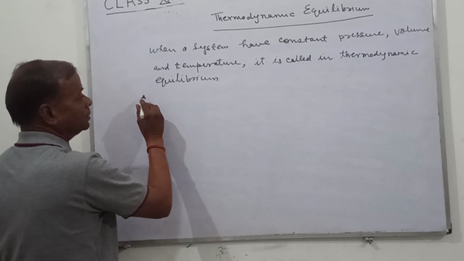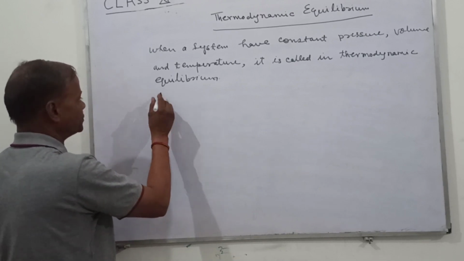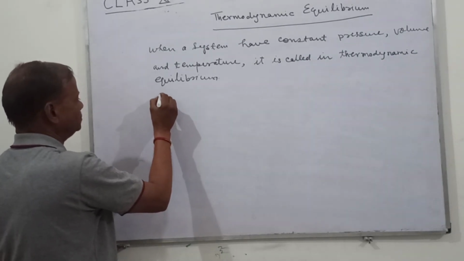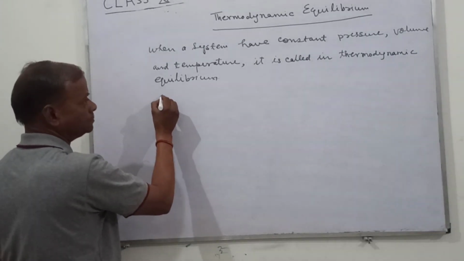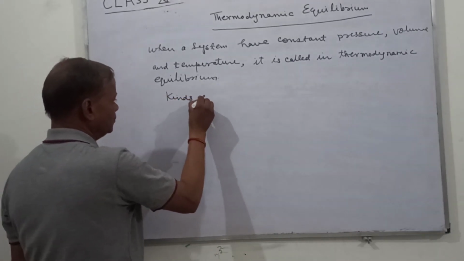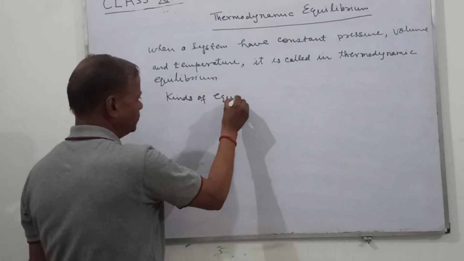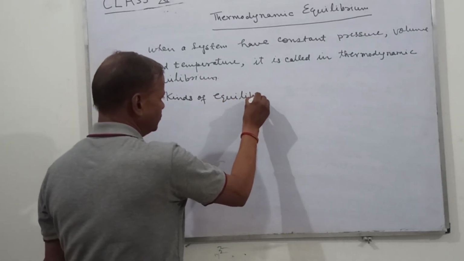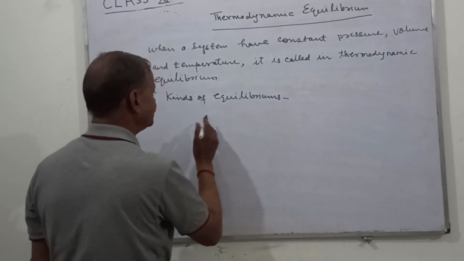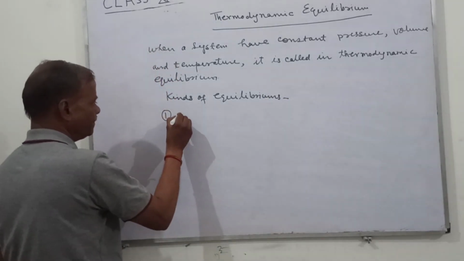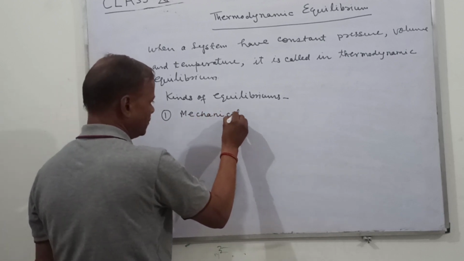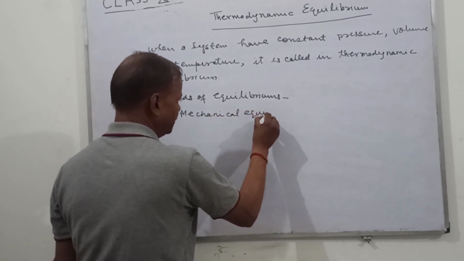So equilibriums are of three kinds. Kinds of equilibrium. Number one, mechanical equilibrium.